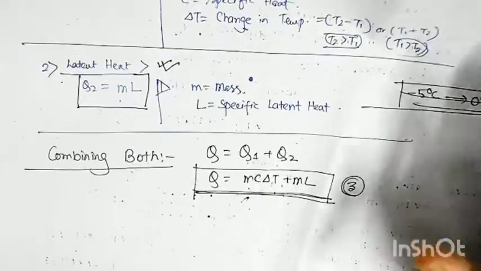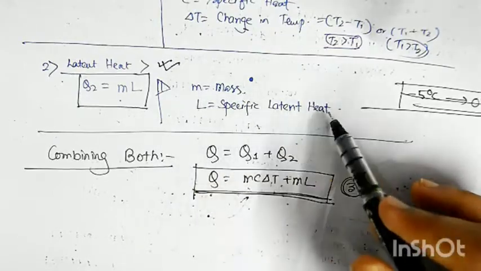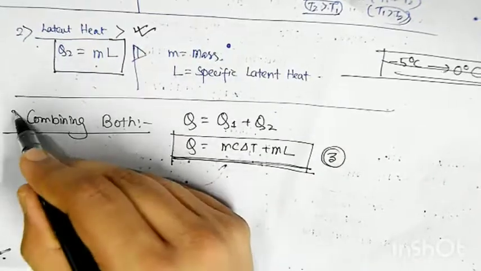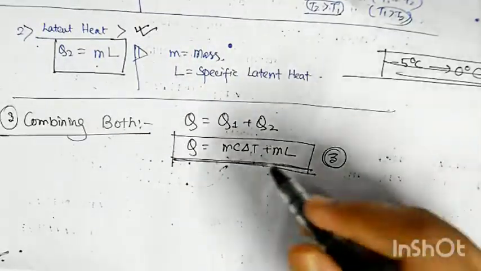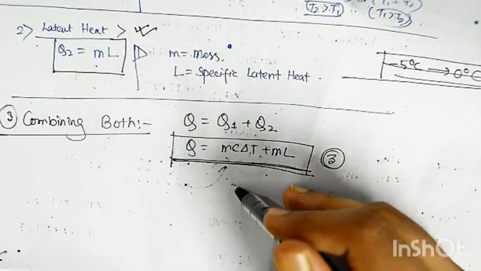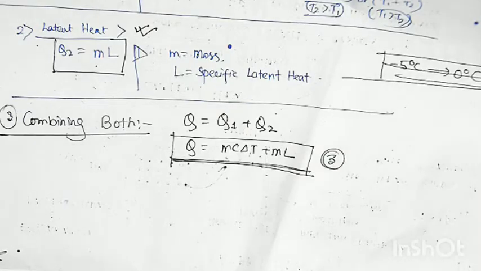The next kind is Q2 equals mL, the latent heat, m is mass, L is specific latent heat. And the third case, where we combine both kinds, is Q equals Q1 plus Q2. So Q1 is for temperature change, mc delta T, and Q2 is for latent heat, mL. So we can sum up both to get the total amount of heat transfer occurring in each case.